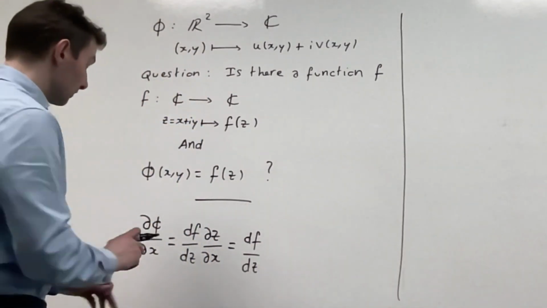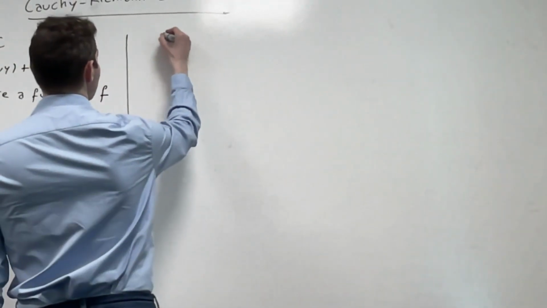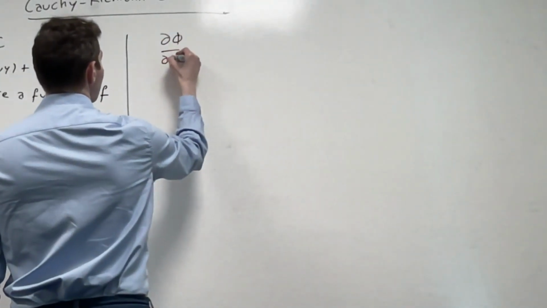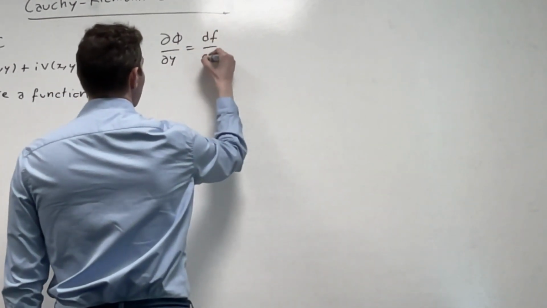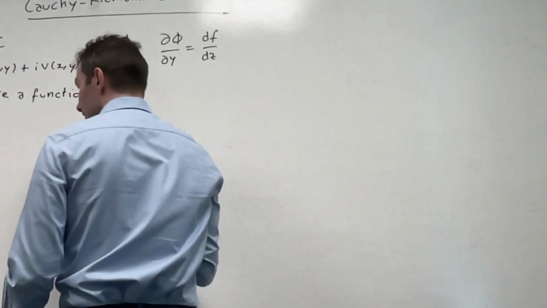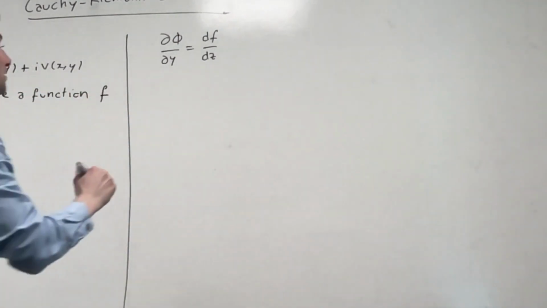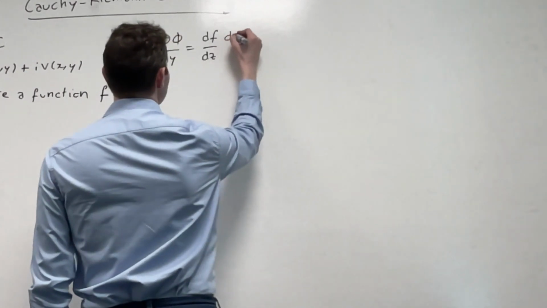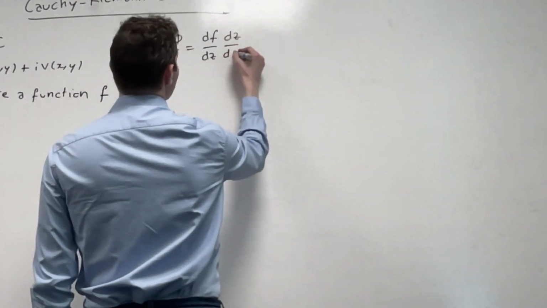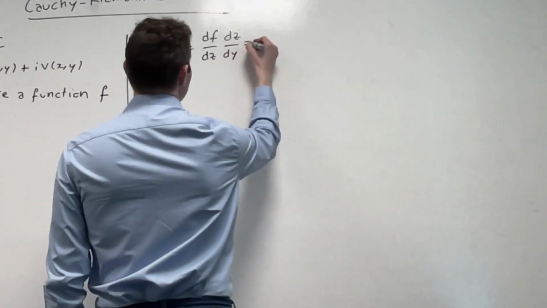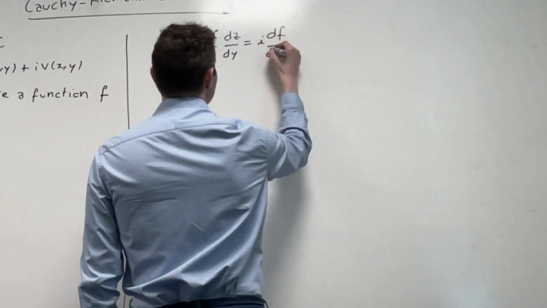Now I can do the same for d phi over dy. So d phi dy is equal to df over dz, again, that's if this equation is satisfied, then this is going to follow, and then I've got dz dy, and so that's equal to i df dz.